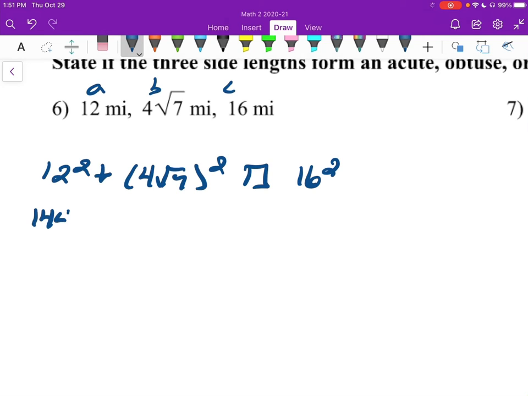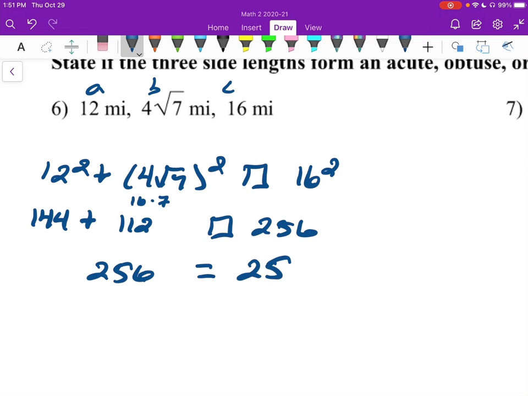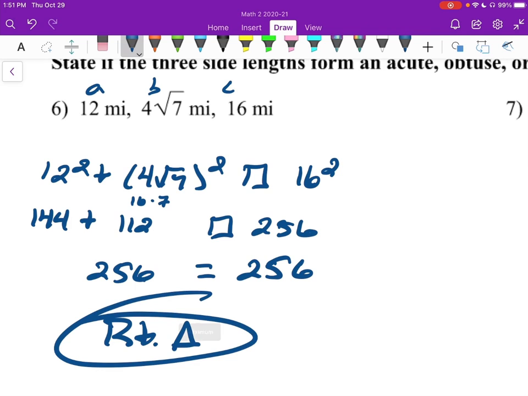So 144 plus, this is going to be 112, right, because it's going to be 16 times 7. Box 256, that's going to give me 256 equals 256, and it's a right triangle.